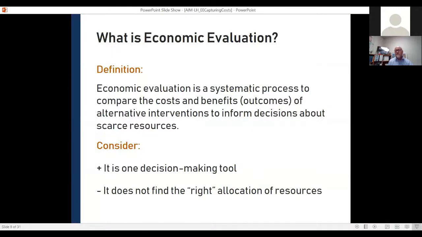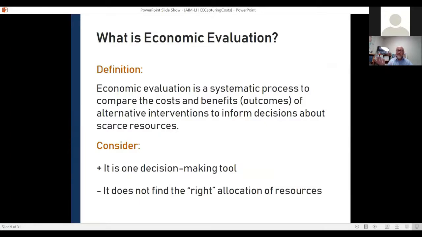So the definition of an economic evaluation is that it's a systematic process or a framework to compare the costs and outcomes of alternative interventions to inform decisions about scarce resources. So bottom line is that it always involves at least 2 different interventions. So you can see here in the definition that it talks about alternative interventions.